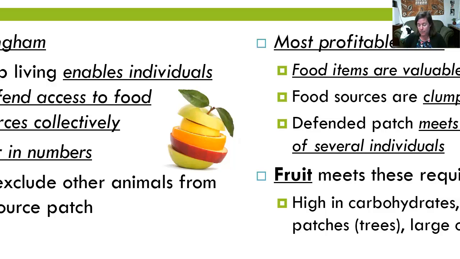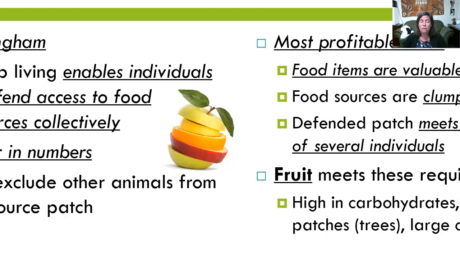Wrangham noted that the joint defense of food resources is most profitable, one, when food items are relatively valuable, two, when food resources are clumped in their distribution, and three, when there's enough food within the defended patch to meet the needs of several individuals.